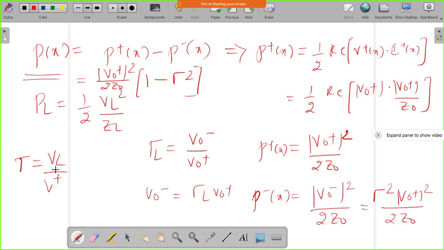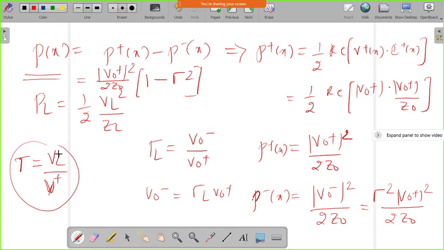So that is your transmission coefficient, because whenever power goes from the source end to the load end and the disturbance occurs at the load side, it is the voltage at the load side over the incident voltage, because the tangential component of the E field at the interface will vanish. So equivalently you get the transmission coefficient.